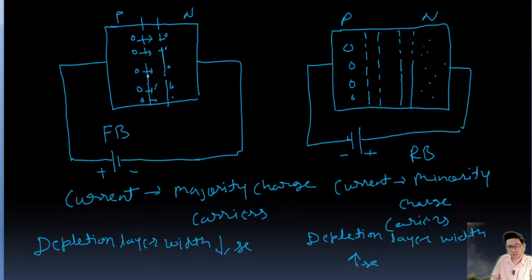In forward biasing, the depletion layer will decrease and current will flow because of majority charge carriers. In reverse bias, there will be very little current, because of minority charge carriers, and the width of the depletion layer will increase.